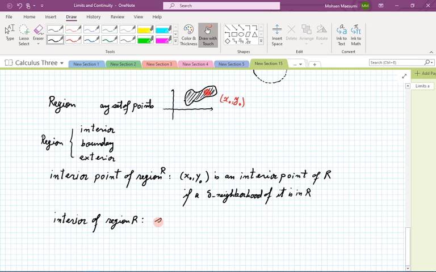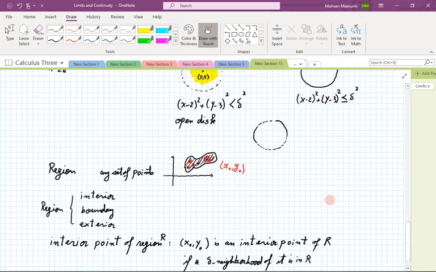It's the set of all interior points of the region R. Meaning, just go ahead and collect all the points for which you can draw a tiny circle so that the entire circle is inside your region. Then those points are going to constitute the interior of a region.